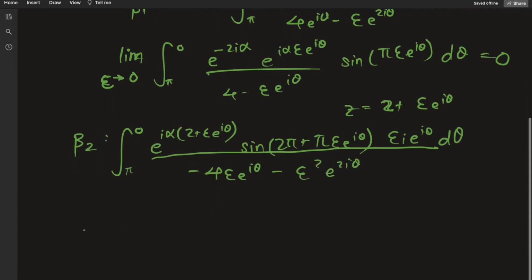You can cancel epsilon and e to the I thetas everywhere in the numerator and denominator.